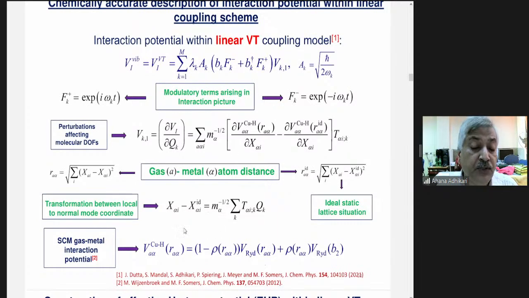From them, I have taken the parameters of the interaction potential, which is written in this form, and I have used the derivative of the chain rule to get the linear coupling.